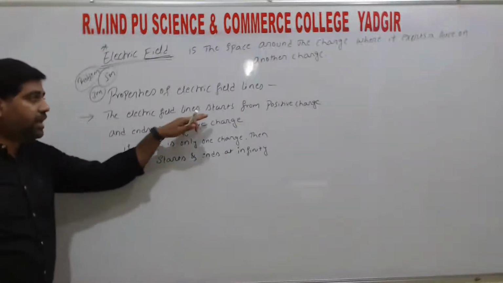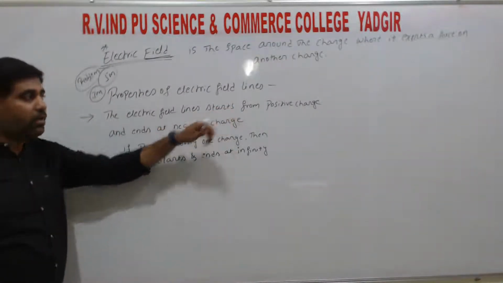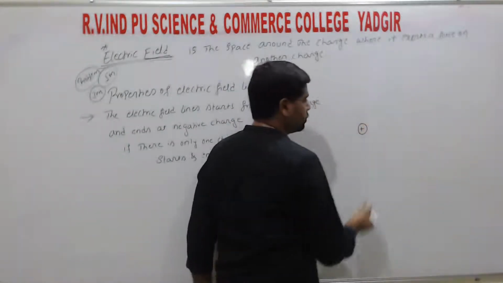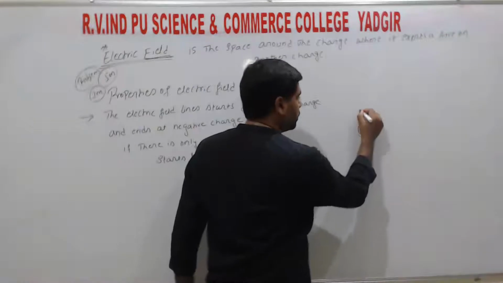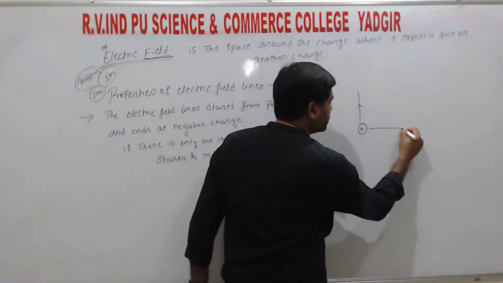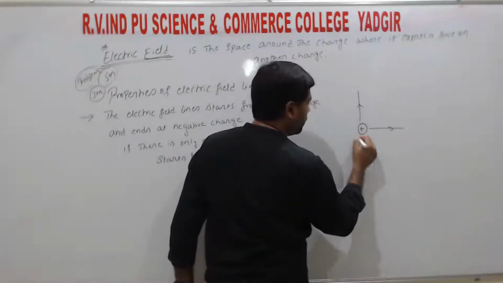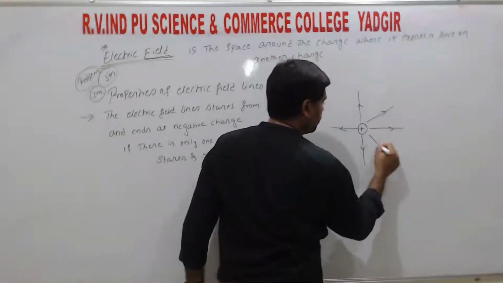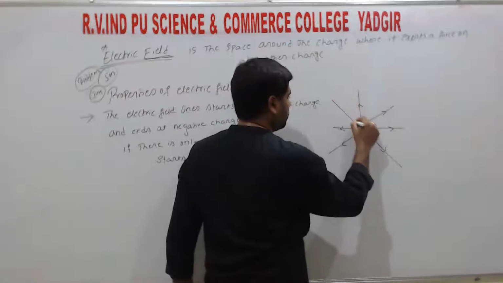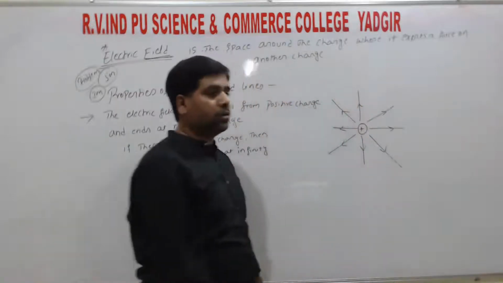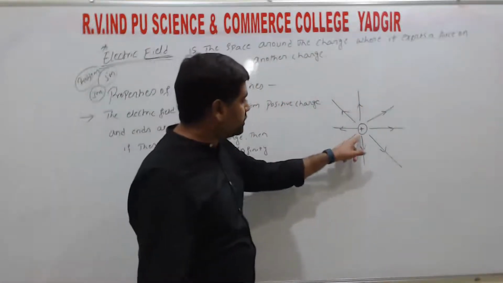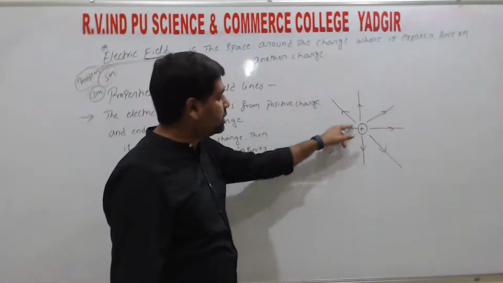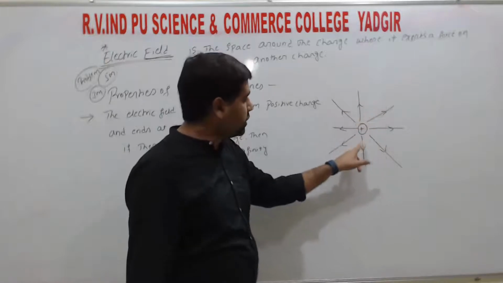As we have said, the electric field lines start from the positive charge, right? If you draw this diagram, this one is the positive charge, then starts from positive charge means the direction is diverging. From this point, all the electric field lines are moving away from this charge.